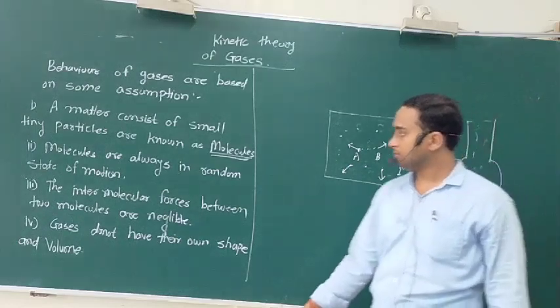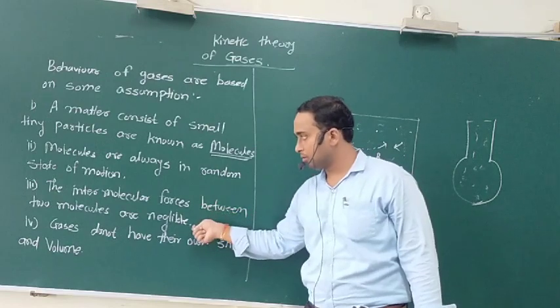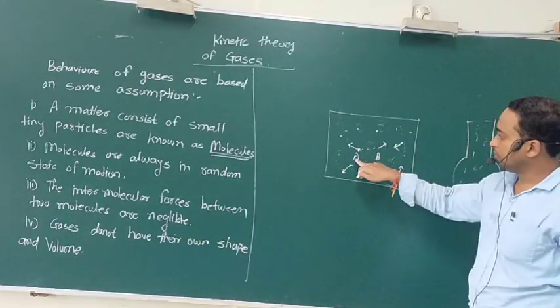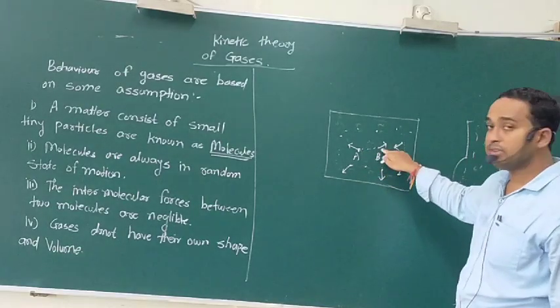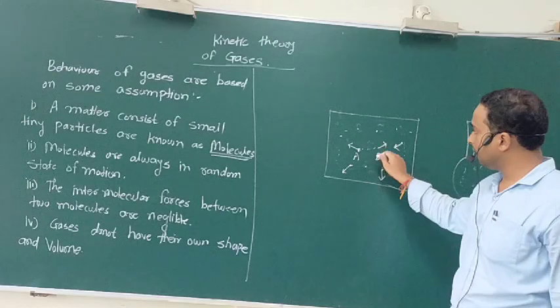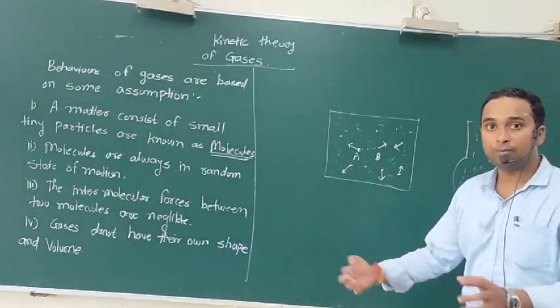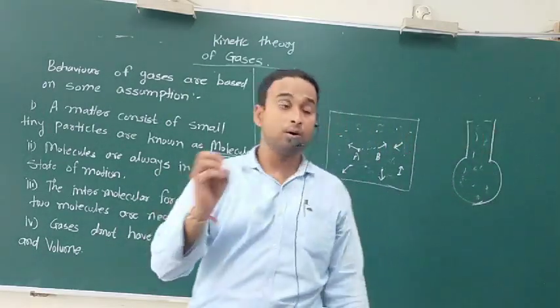Next, the intermolecular forces between two molecules are negligible. That means suppose A is the first molecule and B is the second molecule of a gas. Then there is a force of attraction or intermolecular forces, like the adhesive force and cohesive force we have already learned.